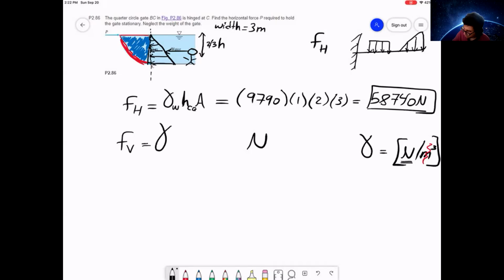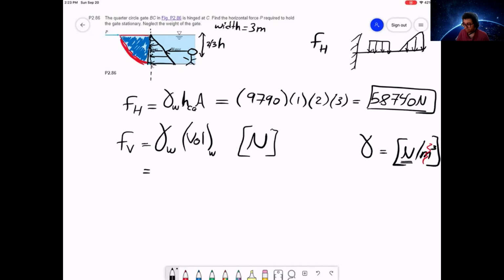So it is gamma of water times the volume of this quarter circle. So let's go with the weight of water, W, and we should end up with Newton because it's a force.